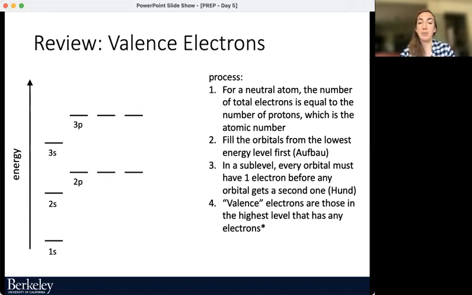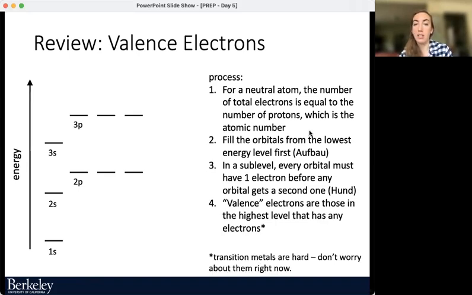And then we fill our orbitals from the lowest energy level to the highest. And in a given sublevel, every orbital has to get 1 electron before any orbital gets a second one. And then valence electrons are the electrons in the highest energy level that has any electrons at all. Again, we're just talking about those main group elements, not the transition metals right now.